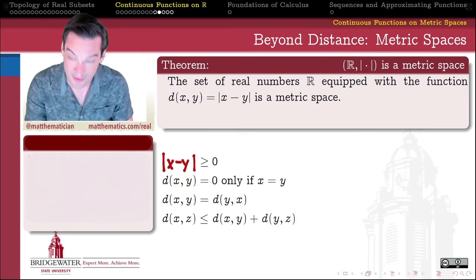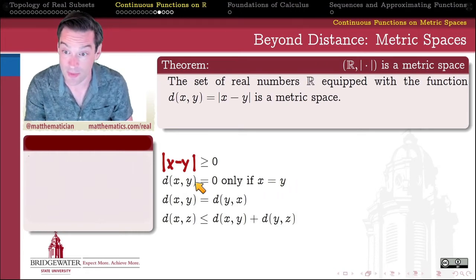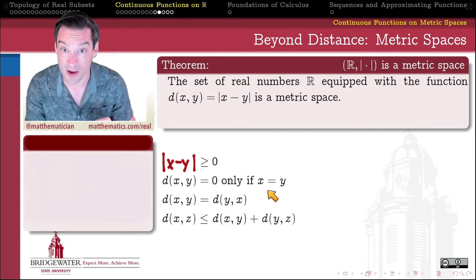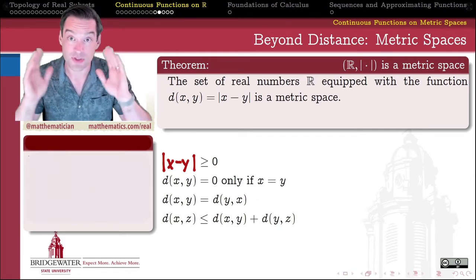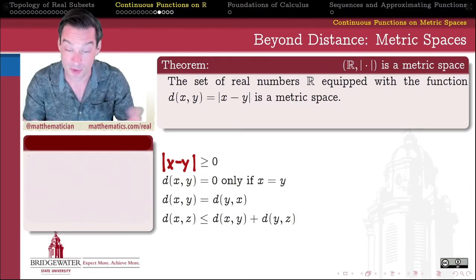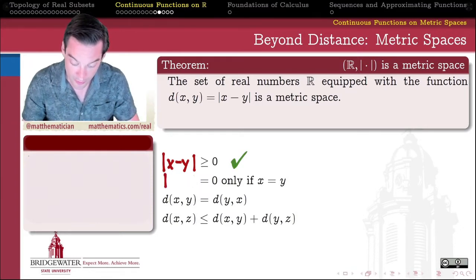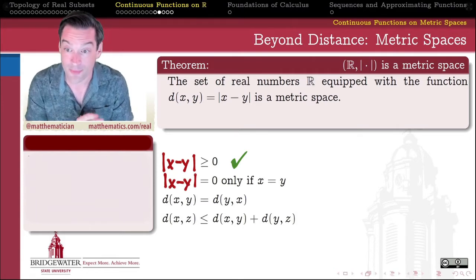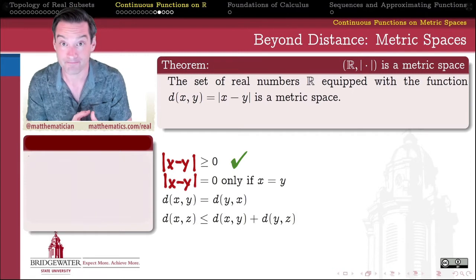The second property is the non-degeneracy property. That should tell me that the distance between x and y is 0 only in the case where x is equal to y. So it's never possible for me to take two different real numbers in this example and have the absolute value of their difference be equal to 0. So is it true that if the absolute value of x minus y is equal to 0, then we can conclude x is equal to y?